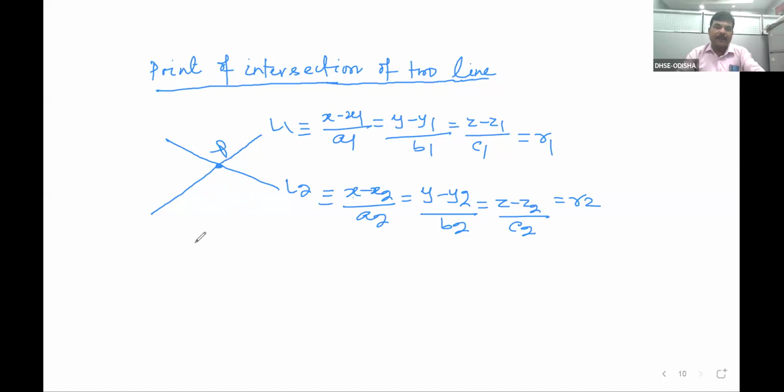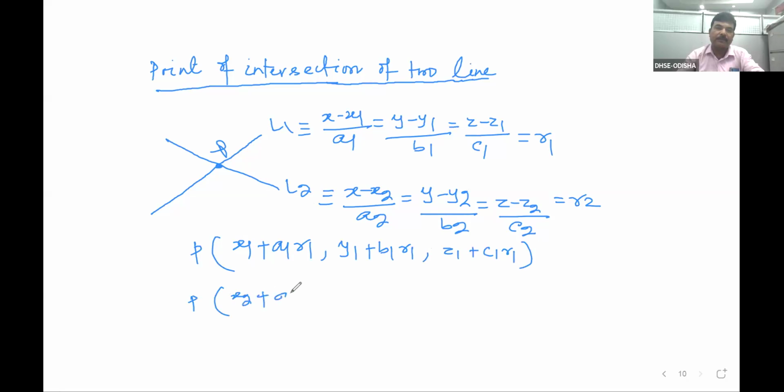So coordinates of point P in terms of line L1 are x1 plus a1 r1, y1 plus b1 r1, and z1 plus c1 r1. And coordinates of the same point P according to the line L2 are x2 plus a2 r2, y2 plus b2 r2, z2 plus c2 r2.